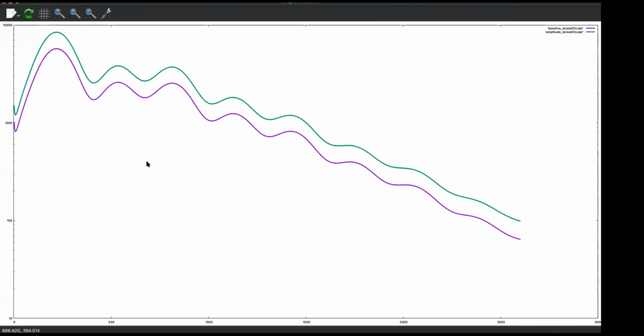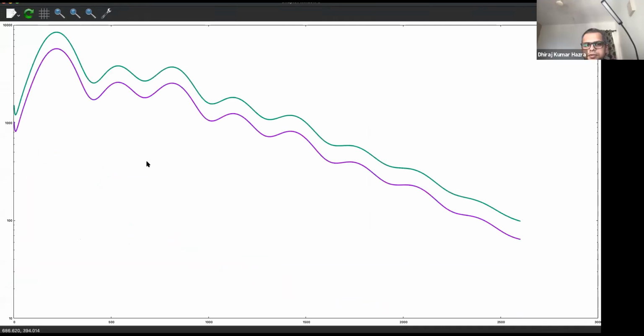Can you spot the difference? What did it do? Can anyone tell me what happened? Good. The normalization changed. So the overall amplitude changes.